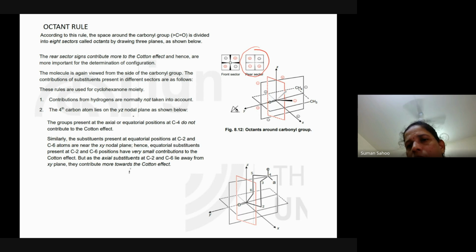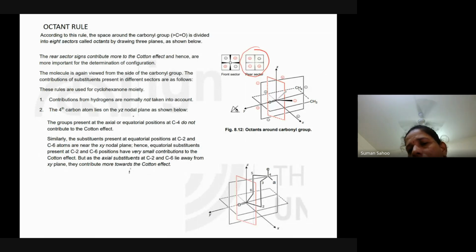Suppose this is your carbonyl group; it is given 4 octants, minus plus plus minus, and this is the rear one, plus minus minus plus. Then the molecule is viewed from the side of the carbonyl group. The contribution of the substituents present in the different sectors will decide whether it gives a positive or a negative Cotton effect.